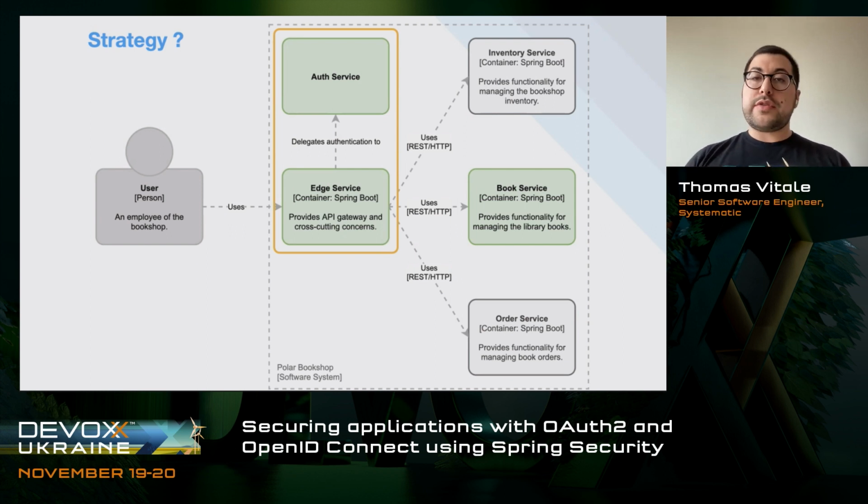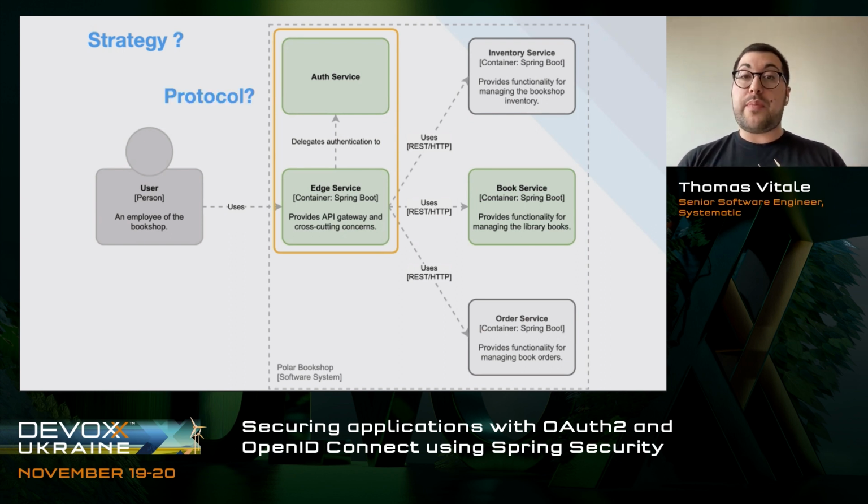So maybe users want to have single sign-on and rely on that same system to authenticate. So we need to discuss which strategy we want. And we would like to have support for different strategies without disrupting the entire system. So having all these changes whenever we want a new strategy basically limited within the authorization and authentication service.